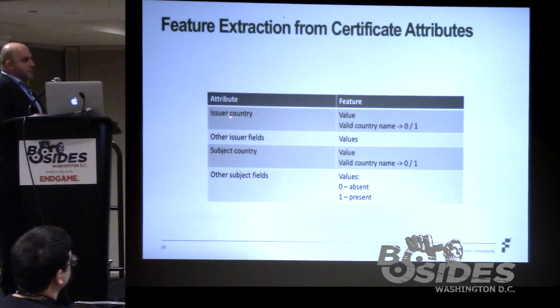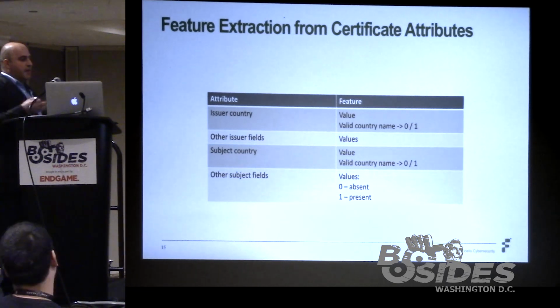For all other issuer fields, we use the values, because it's a more restricted set of fields than the subject values. For the subject values, we use the country similarly to the issuer country value and whether it's valid or not. The other fields, because there is a large set, so it can be anything, anywhere, we use the encoding of whether it's absent or present, so 0 or 1.